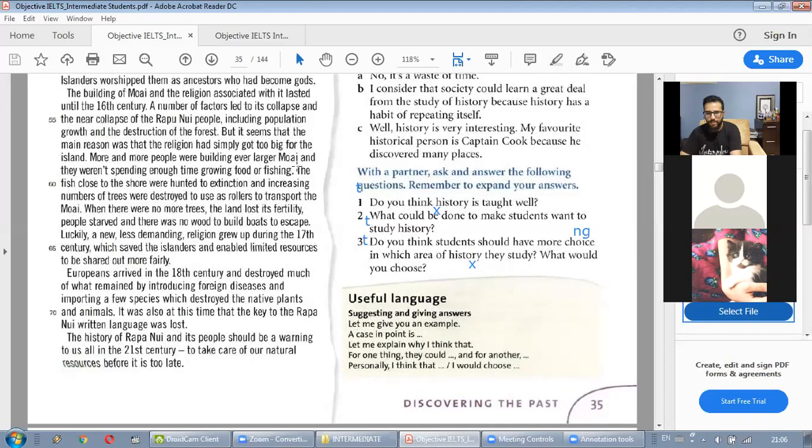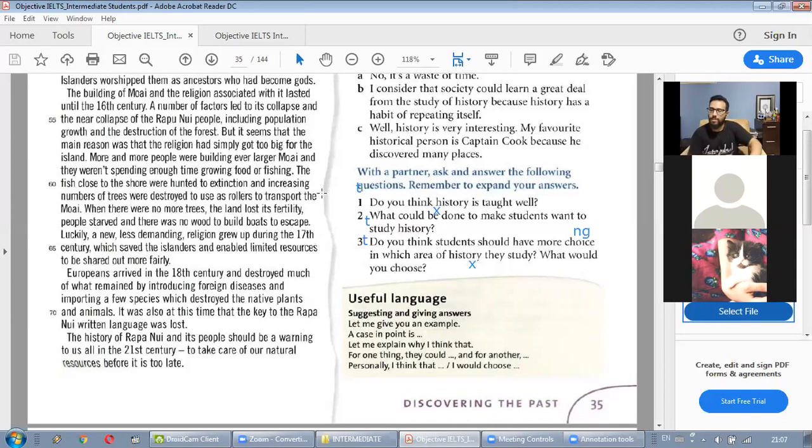Start from sentence 59. The fish close to the shore were hunted to extinction, and increasing numbers of trees were destroyed to use as rollers to transport the Maui. When there were no more trees, the land lost its fertility, people starved, and there was no wood to build boats to escape. Luckily, a new demanding religion... This is our relevant answer.